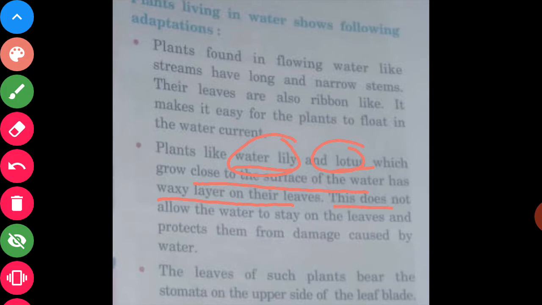This does not allow water to sit on the leaves and protects them from damage caused by the water. This is the second adaptation shown by the plants living in water.